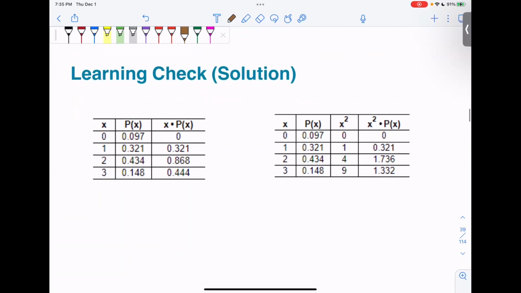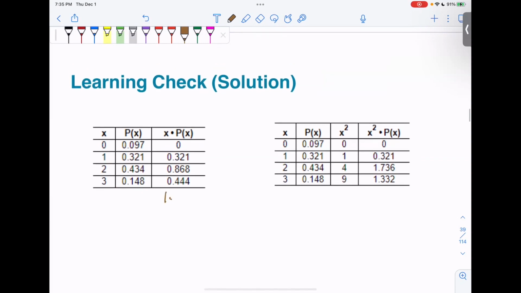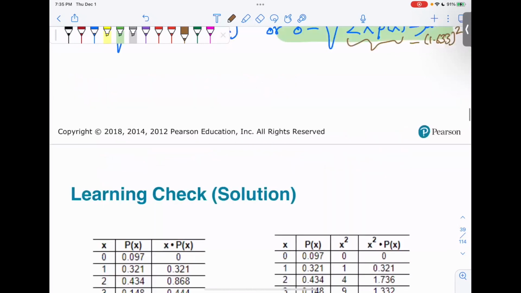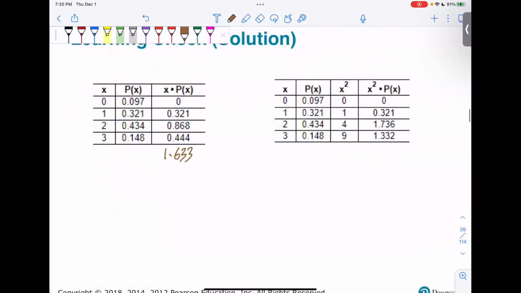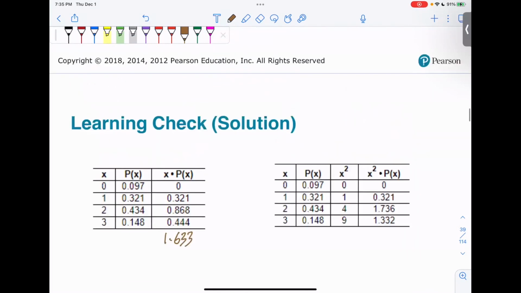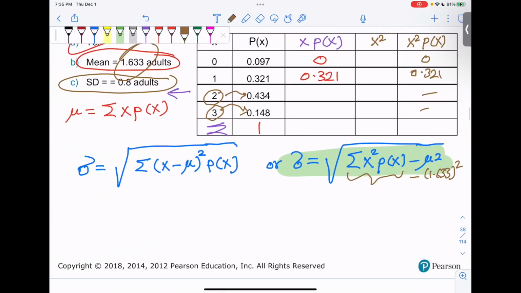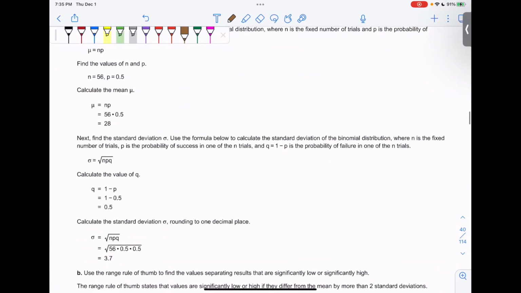This is the value here. If we finish everything, we get 0.8. This example is written here, from your homework.